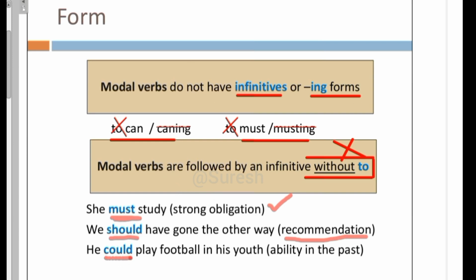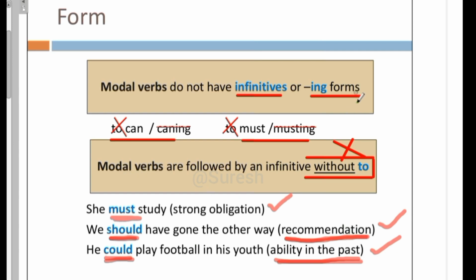He could play football in his youth. It tells about the ability in the past, because could is the past form of can, and should tells about recommendation. See, earlier we said they give specific meaning to the main verb, right? So should is a modal verb used to recommend something.